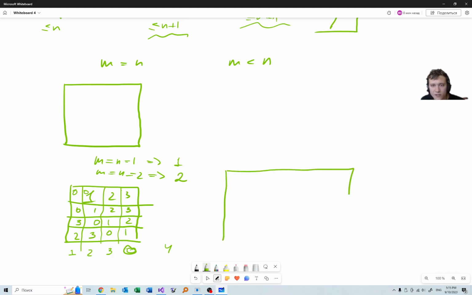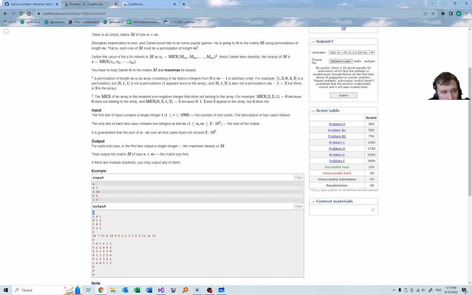And what about m is less than n? In this case, can I make like m plus 1? Let's again see in the samples. 4, 3 is 3. 1, 16 is 2. 6, 6, 6, 6. 2, 1 is actually 0.